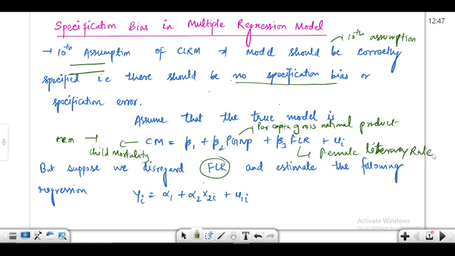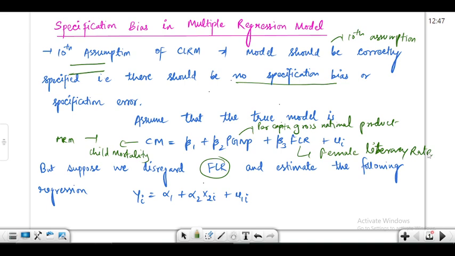So we are trying to regress the child mortality variable on two independent variables, per capita gross national product and female literacy rate. How these variables are impacting child mortality is what is being captured.